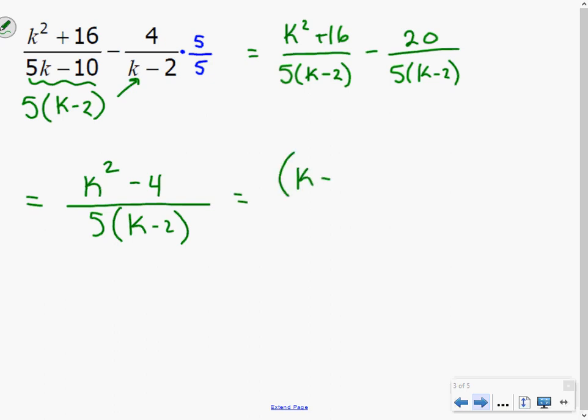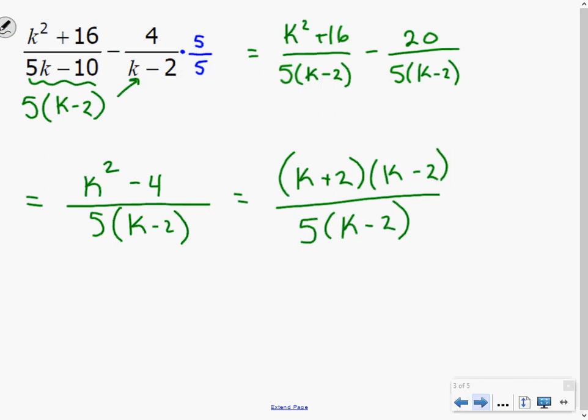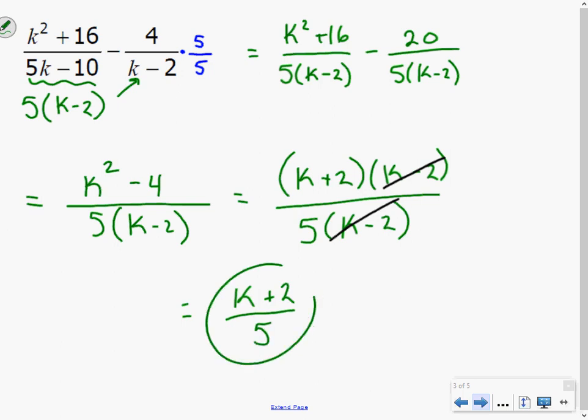It's a difference of squares. So I'm going to factor that. And we see that there is a common binomial of k minus 2 that can be canceled out. So our final expression here is going to be k plus 2 over 5.